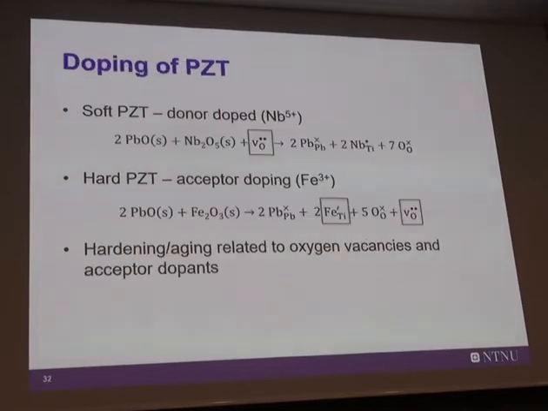So I try to simplify this by explaining what's going on when you do donor doping and acceptor doping. And I used niobium and iron as the two examples. So let's start with the soft, which is maybe the most complicated and most difficult one. When you dope niobium in PZT, you normally replace one titanium or one zirconium by one niobium atom.